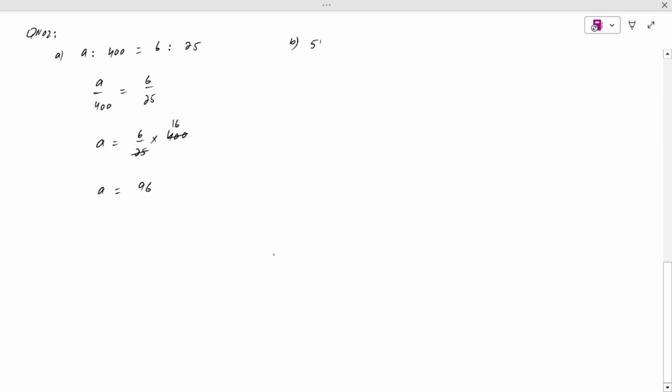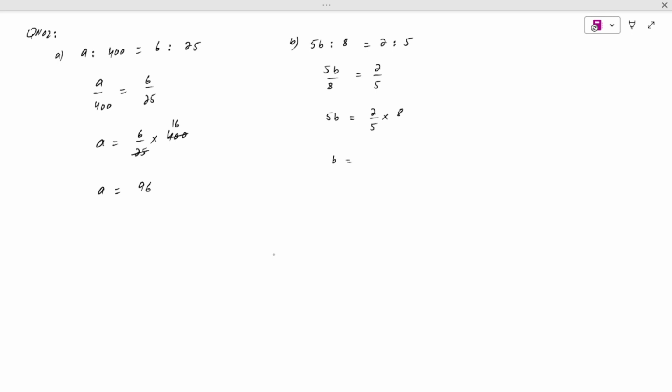So 5b ratio 8 is equals to 2 ratio 5. So converting ratio into fraction, we can write it as 5b over 8 equals to 2 over 5. So now multiplying the right side with 8, 5b is equals to 2 over 5 times 8 and dividing this by 5.